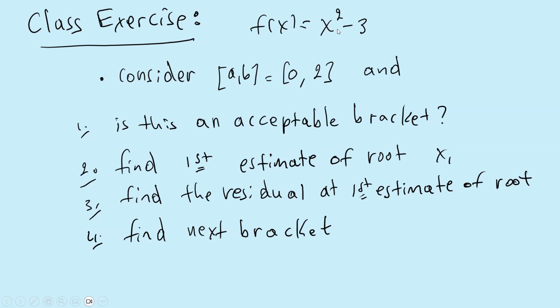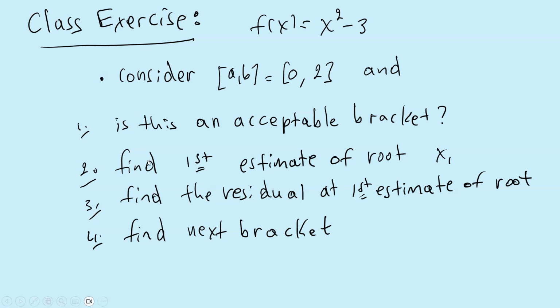At point 0, the value of the function is -3, and at point 2, the value of the function is 1, okay. It means negative and positive. It means this bracket, or this interval, contains a simple root of the function.